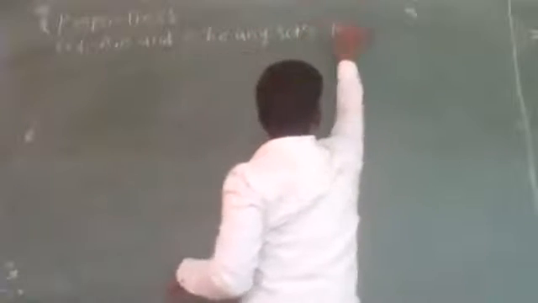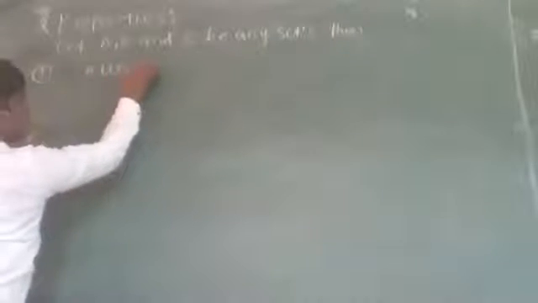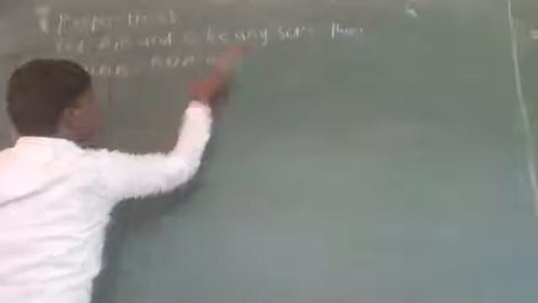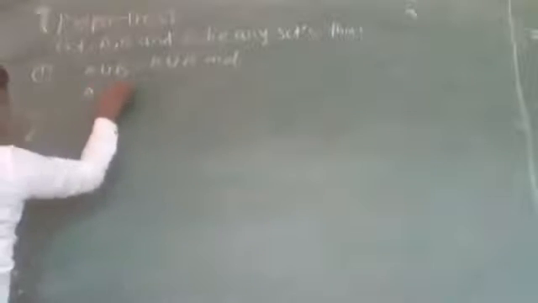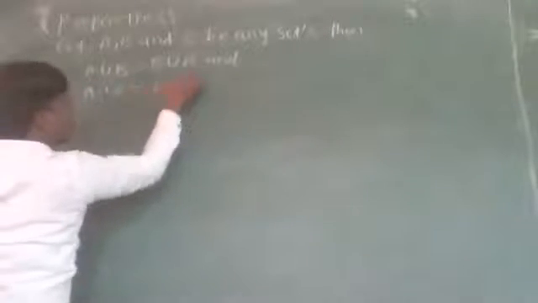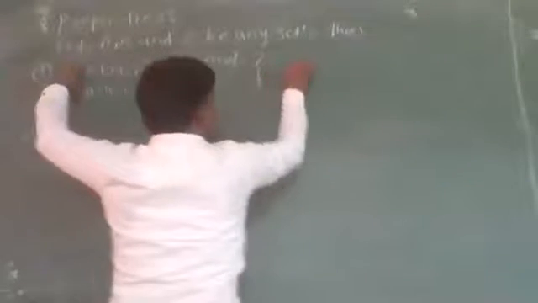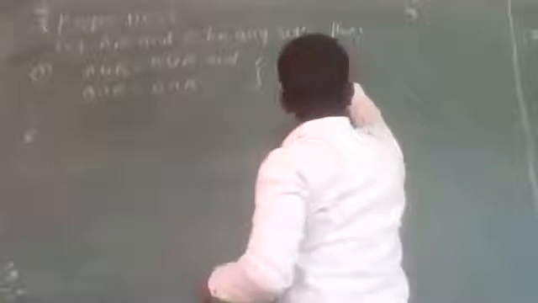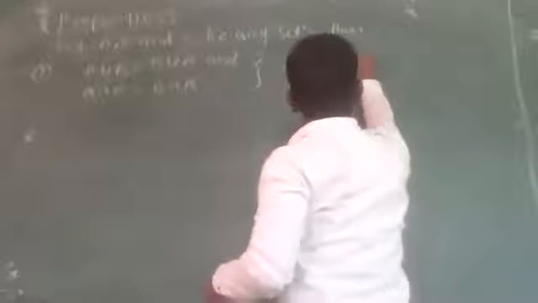Then the first property is, set A union B will be equal to B union A, and set A intersection B will be equal to B intersection A. And these properties are called the commutative law, or commutative property.